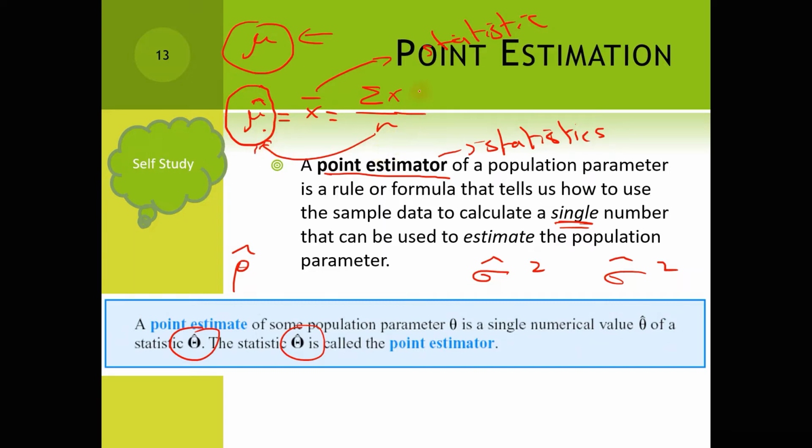If we use any formula, it might not have properties that are desirable to estimate that mu. So we need our point estimator to have certain desirable properties. For example, sum of x over n is relatively intuitive to understand that it is appropriate to estimate mu. But still, we need to know whether this is really appropriate. And one way of knowing whether a point estimator is appropriate is that it should abide by three different principles.